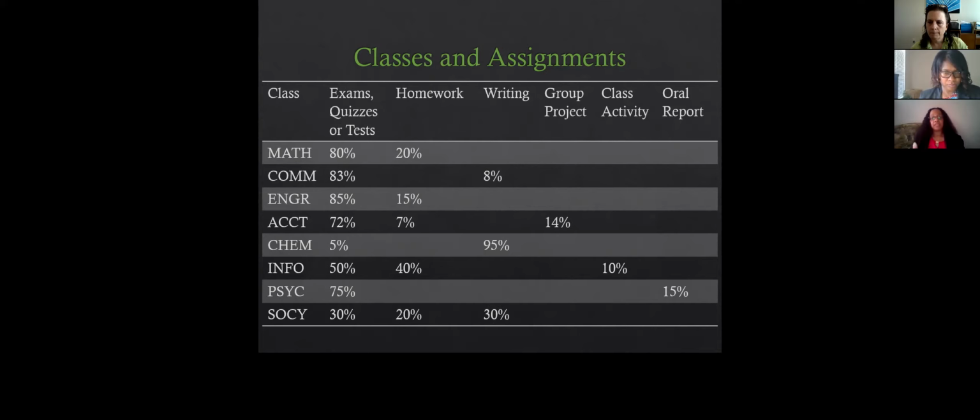The more advanced courses used assignment types other than exams, quizzes, tests, and homework. And 3 of the advanced courses had less than 70% of the assignment percentage come from exams, tests, or quizzes.